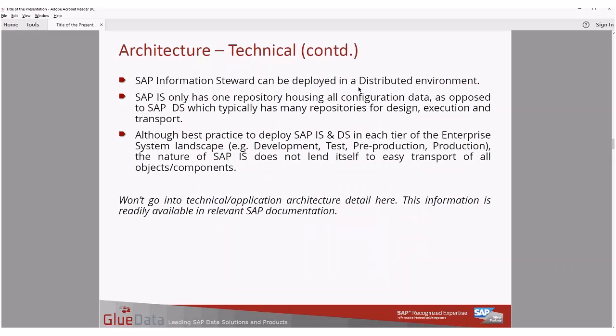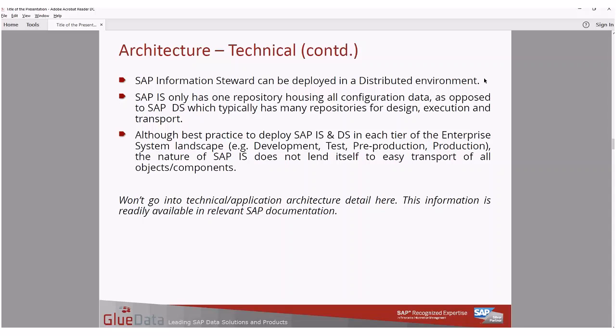Deploying Information Steward on a distributed environment, this is for the technical people. You can run Information Steward on its own server. There's always contention for resources. These calculations that Information Steward essentially does are very complex and time consuming. So you don't want to bring down your system if you're running a data services job and an Information Steward task at the same time.